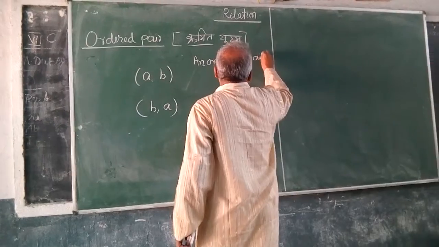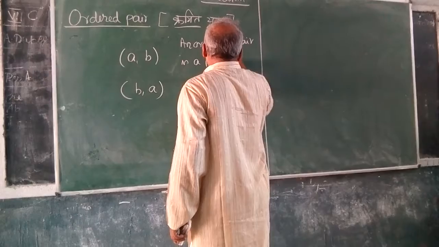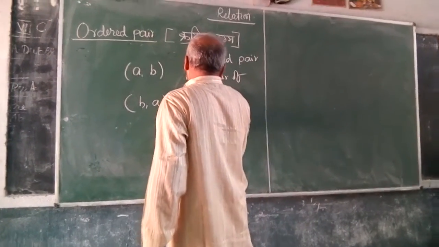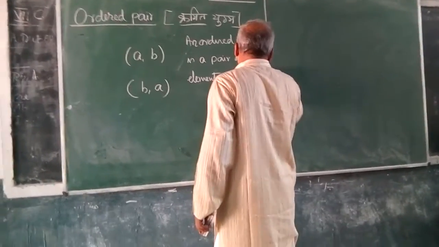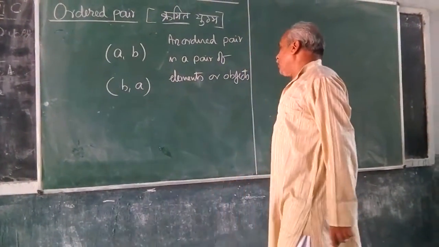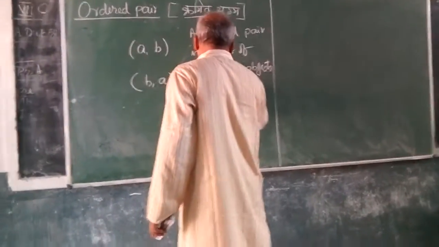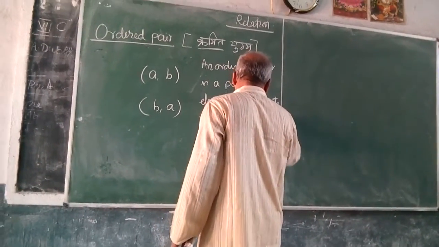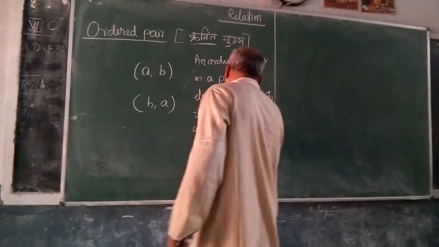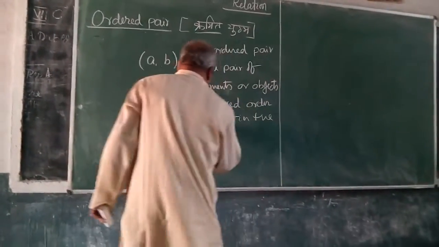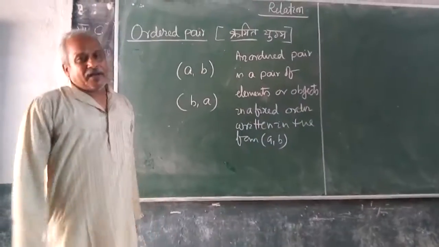An ordered pair is a pair of elements or objects in a fixed order written in the form (A, B) in the small bracket.